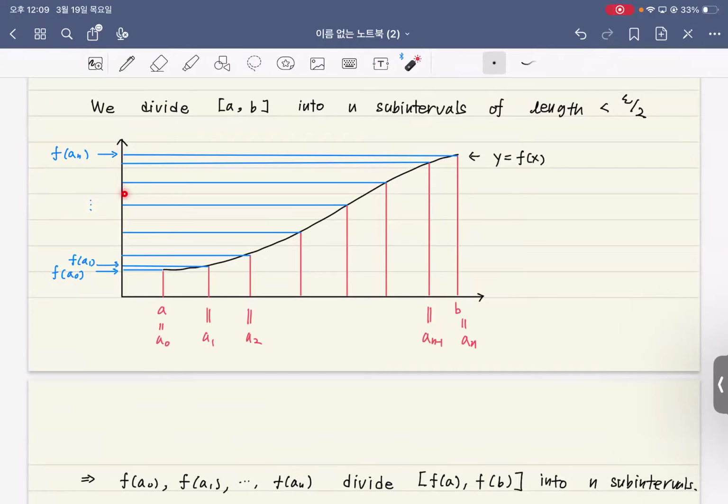So we have the n subintervals for the codomain [f(a), f(b)]. Now, since we have n such small intervals, there must be one subinterval whose length is the smallest. And we're going to call that length delta.